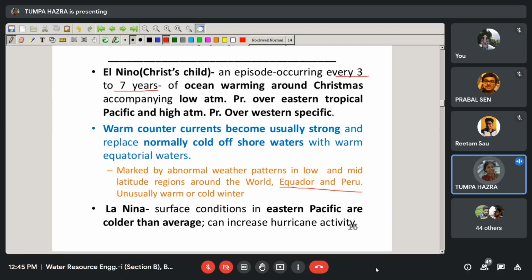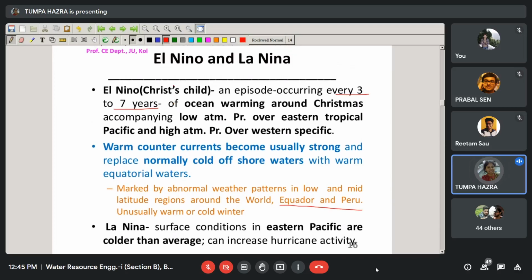This situation generally occurs during the month of December. So that is why they have given this condition the name El Nino.